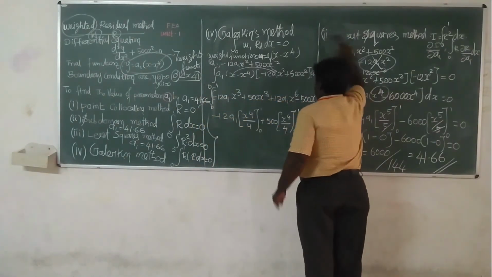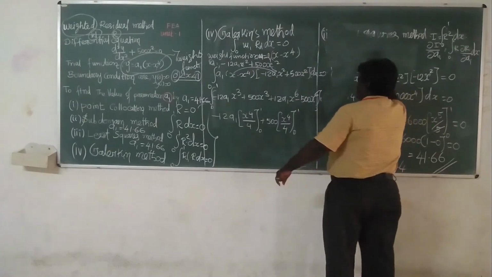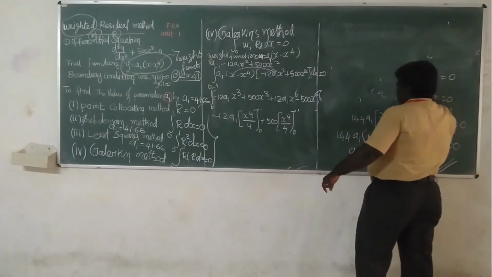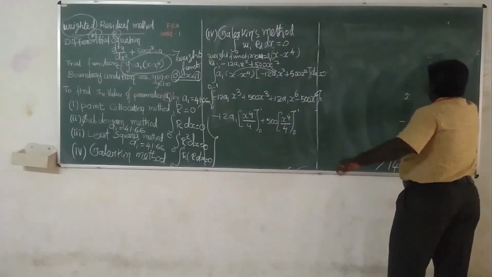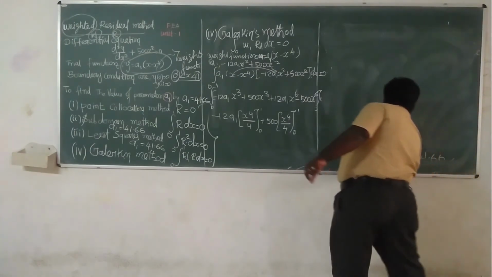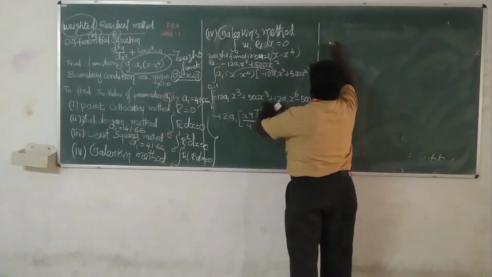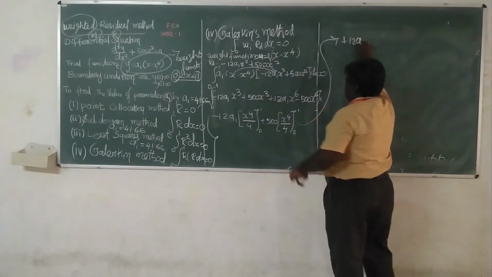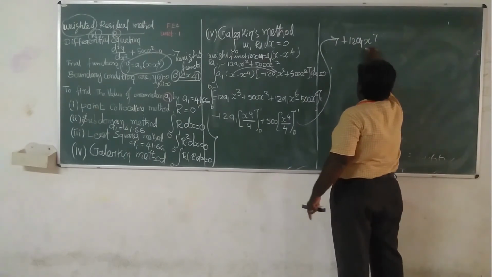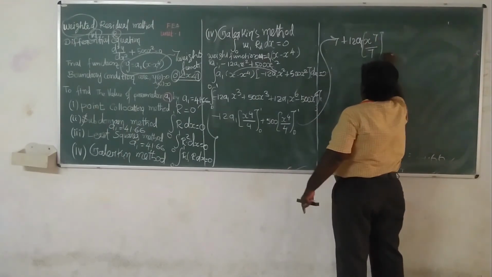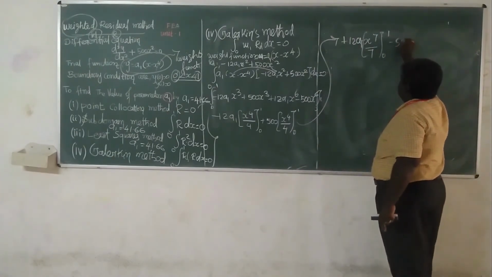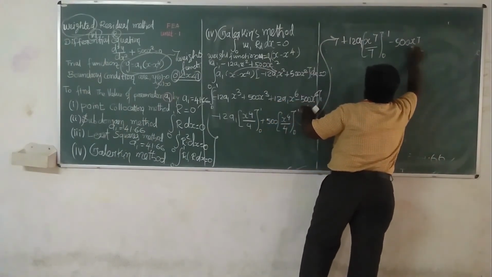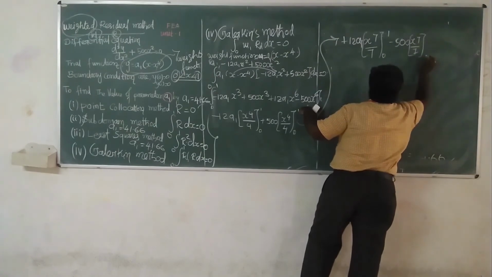The next value is plus 12 a1 x7 divided by 7, limit value 0 to 1, minus 500 x7 divided by 7, 0 to 1.